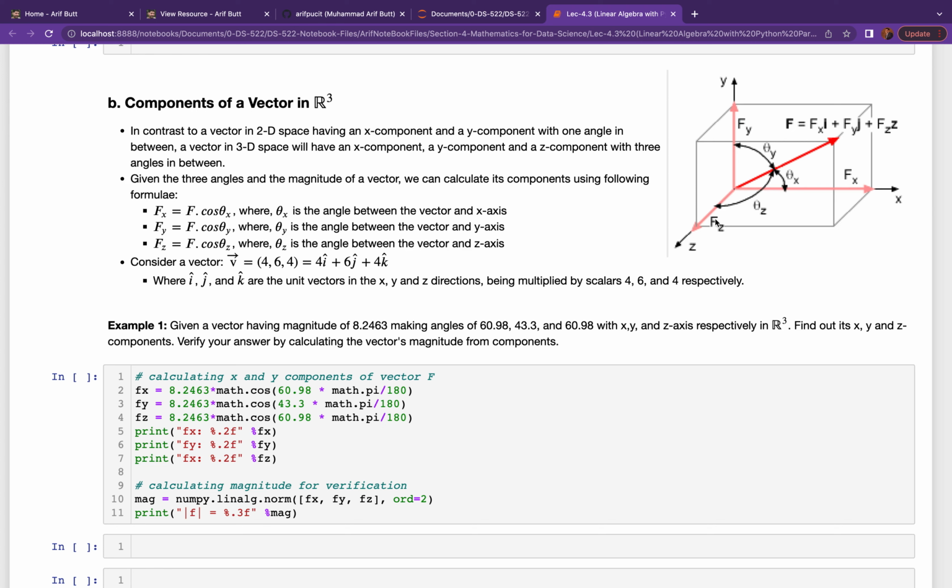Try to visualize this z axis is coming out of the screen towards you. And this vector f is making an angle theta x with the x-axis, theta y with the y-axis, and theta z with the z-axis. Do try to visualize the three right angled triangles in this figure.